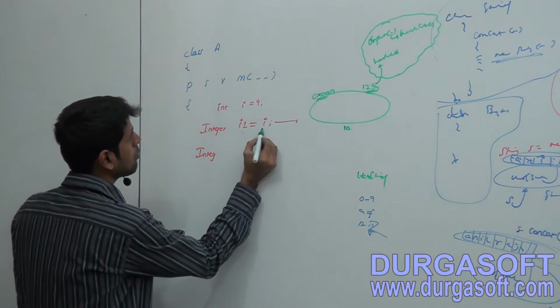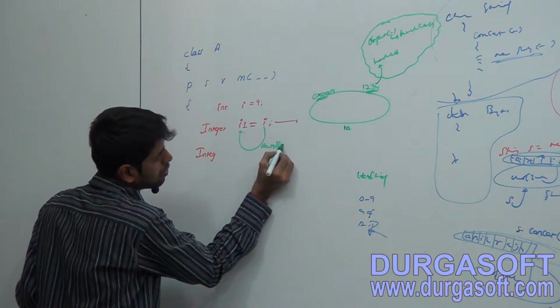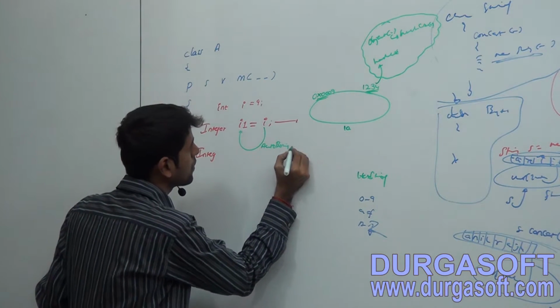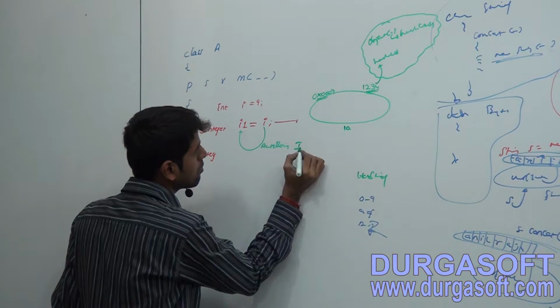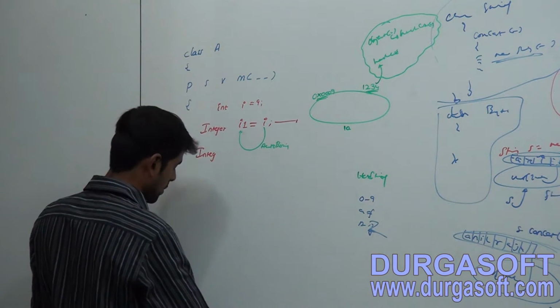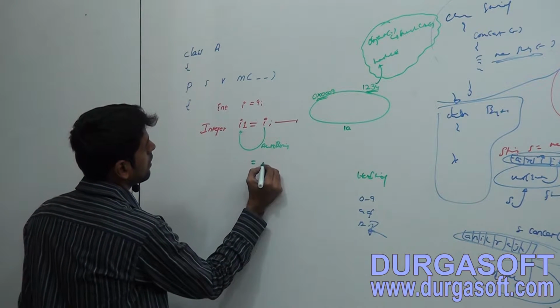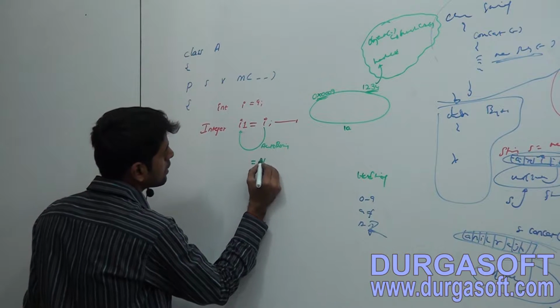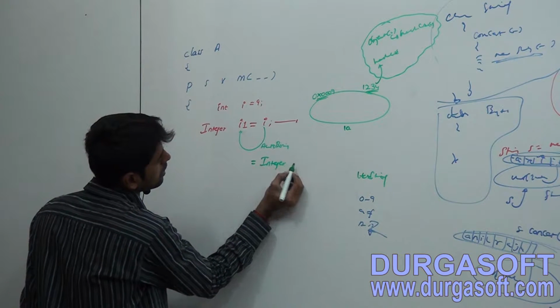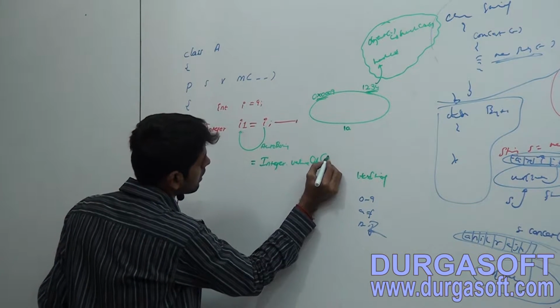Here, what will happen? Autoboxing means this statement will be replaced with Integer.valueOf(I), that is 9.